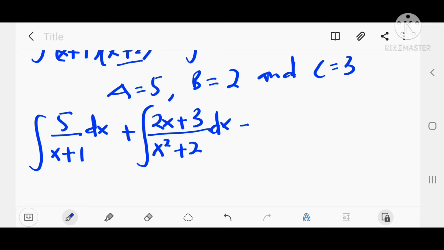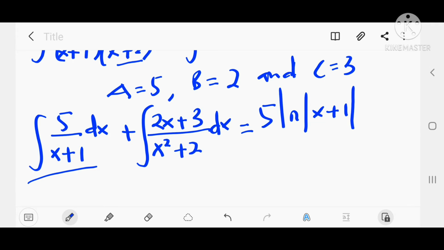So integrating this, we have 5 ln absolute value of x plus 1. Let's write them separately.